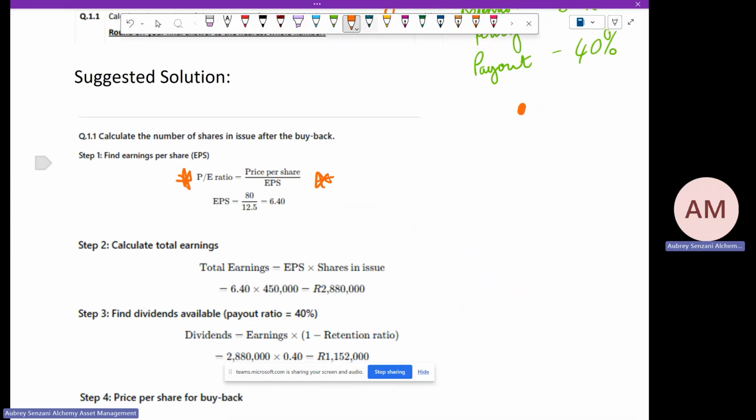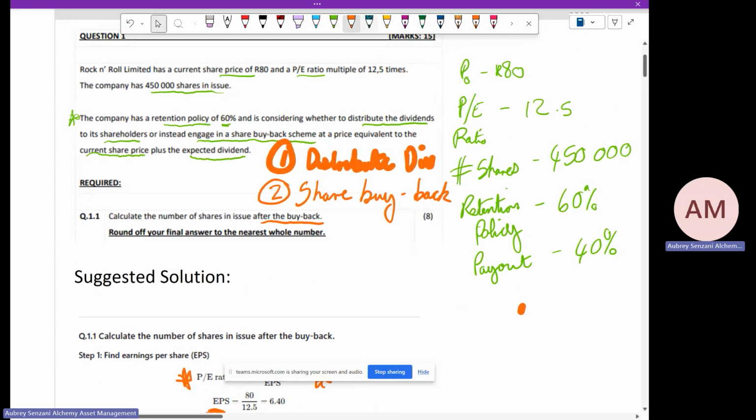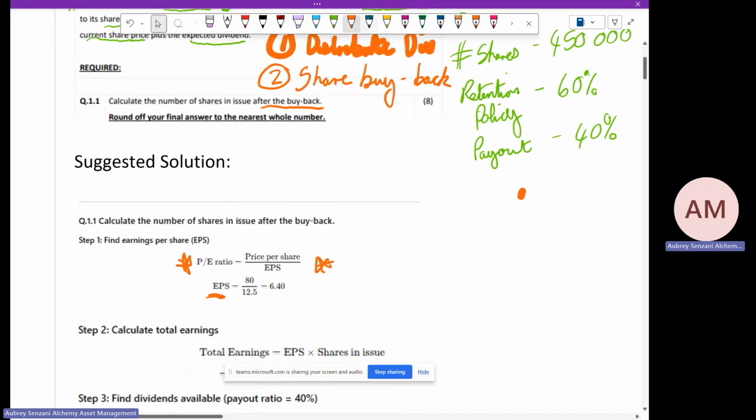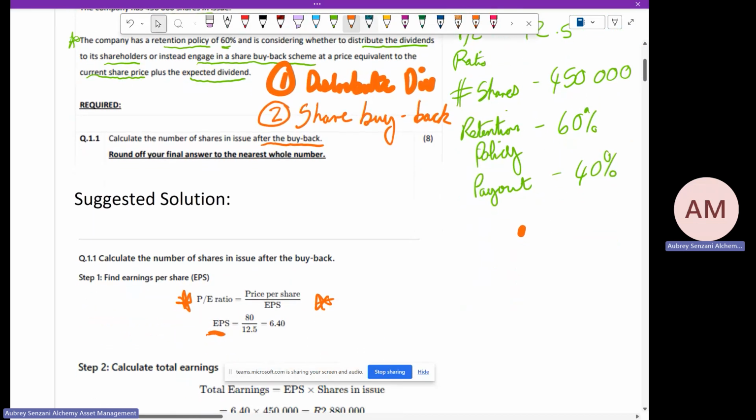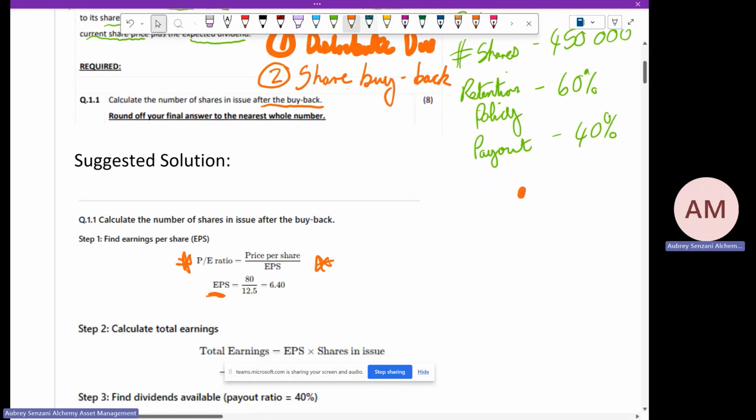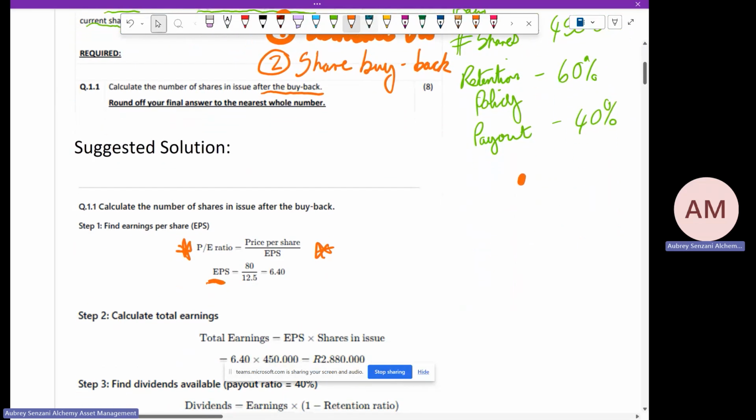The first thing we get is your earnings per share. They said our price is 80, and our PE is 12.5, and that's how we got our earnings per share.